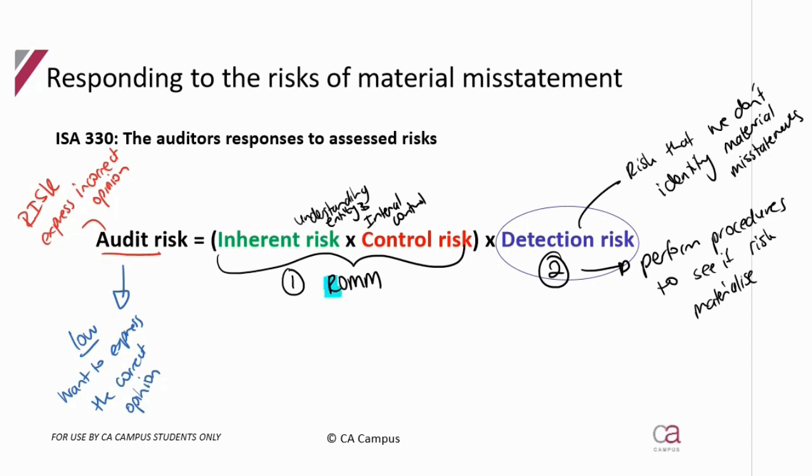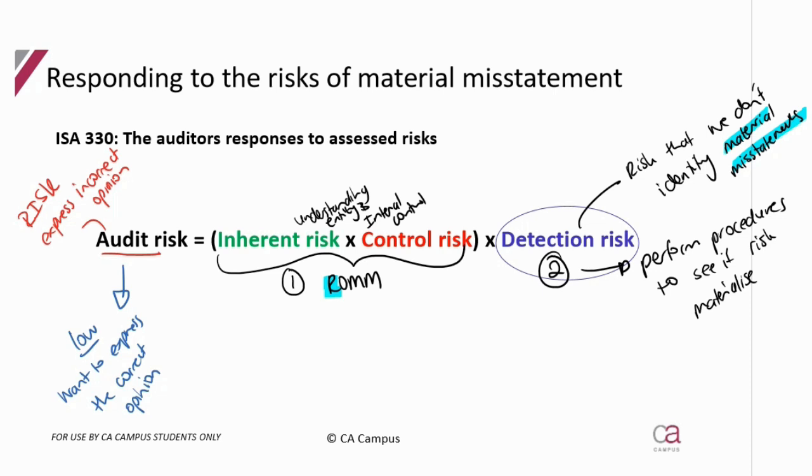And so because we didn't see a risk there, we didn't eventually see that it materialized into the misstatement. So audit risk, the risk we express the incorrect opinion, is made up of two elements. One, the risk that the financials are misstated and then we don't pick up those misstatements that are no longer risks, they have materialized and we did not identify them.